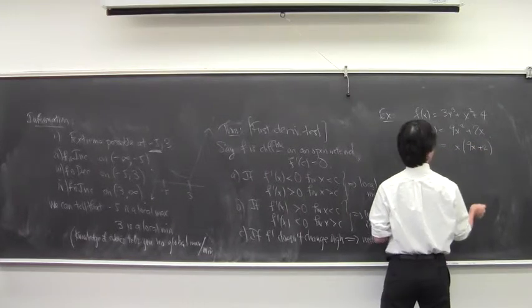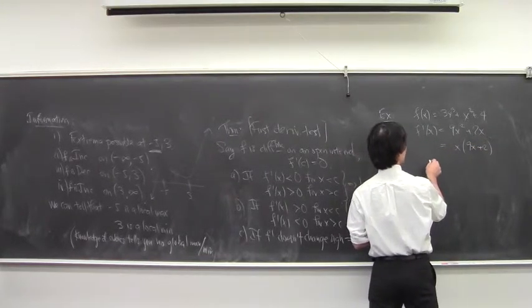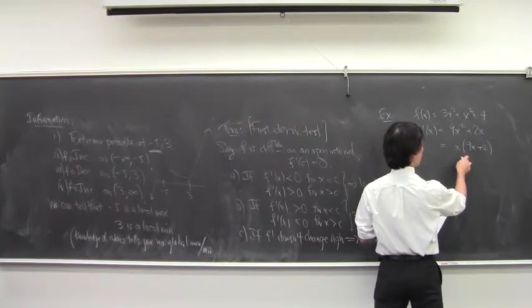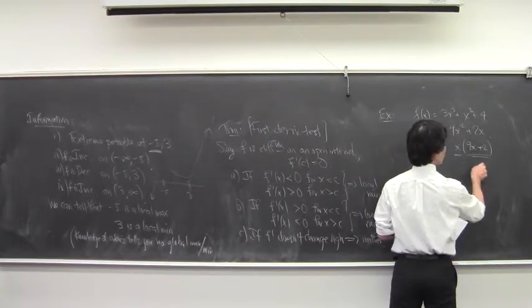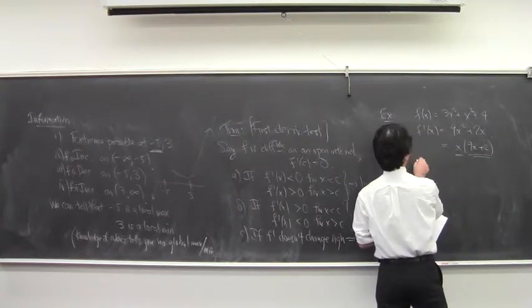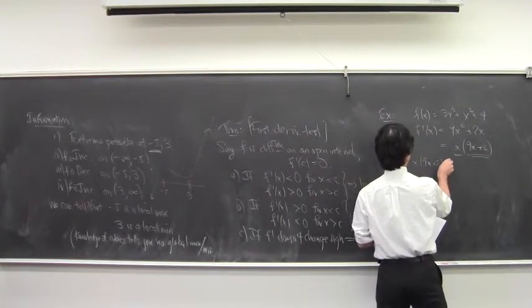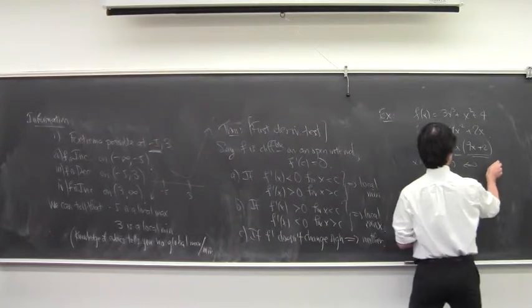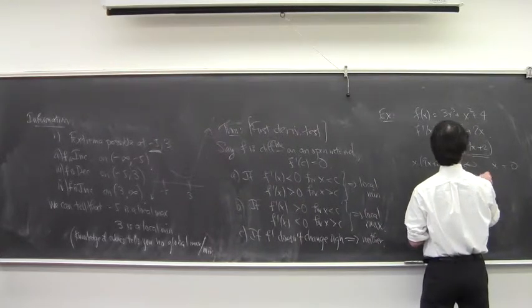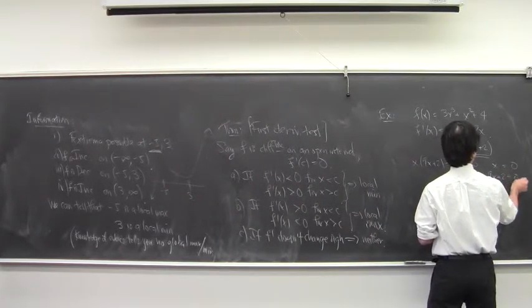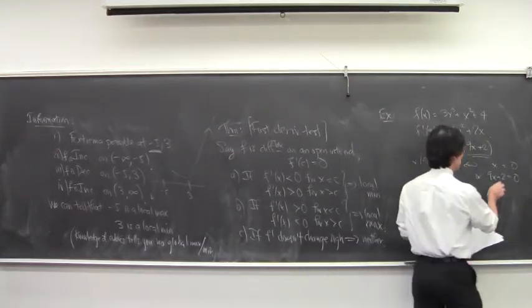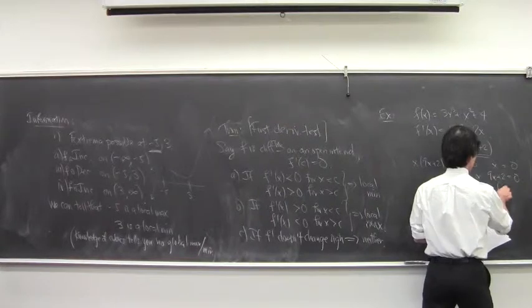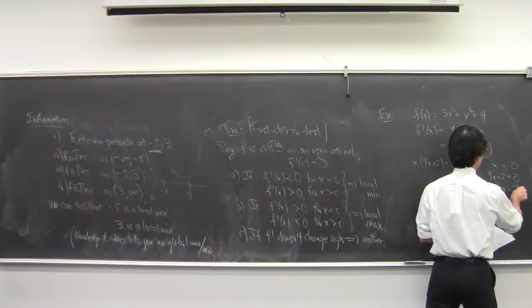Then you basically set both of these things equal to 0. So this equals 0 whenever either this is 0 or this is 0. Right? So you use the zero product property. This latter one says that x is negative 2/9.